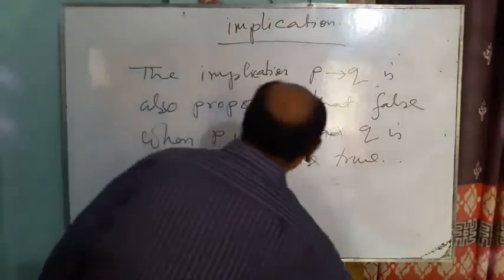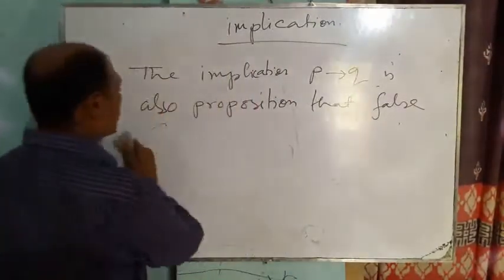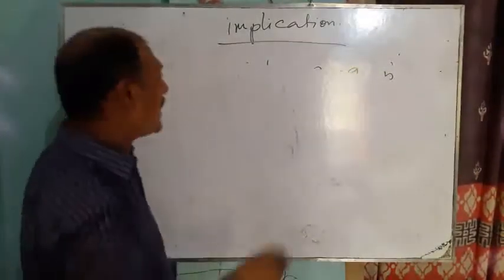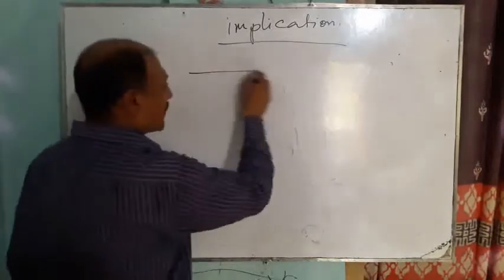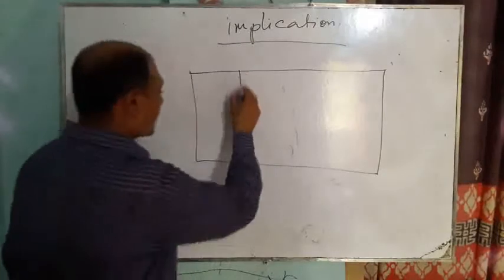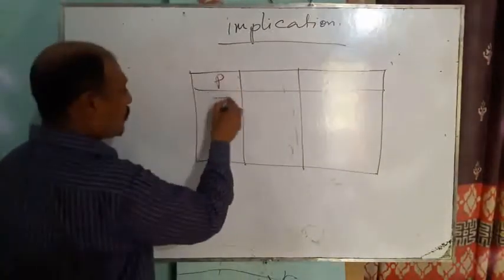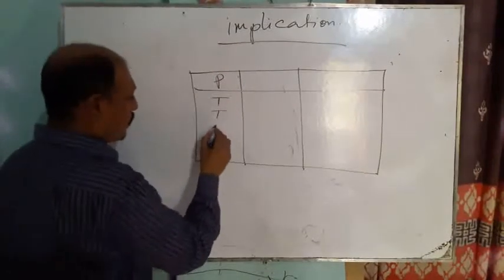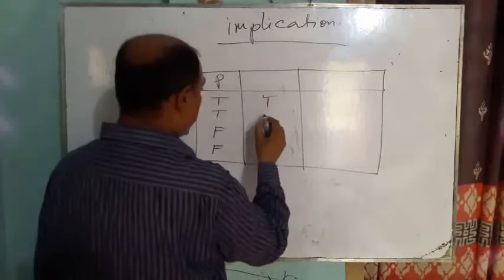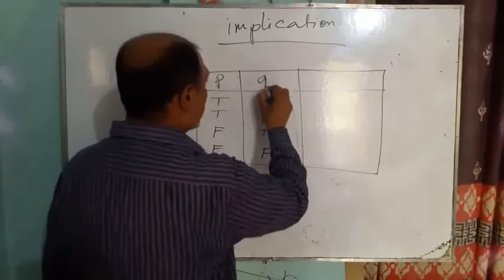Now we know the truth table of implication. Let P and Q be propositions.